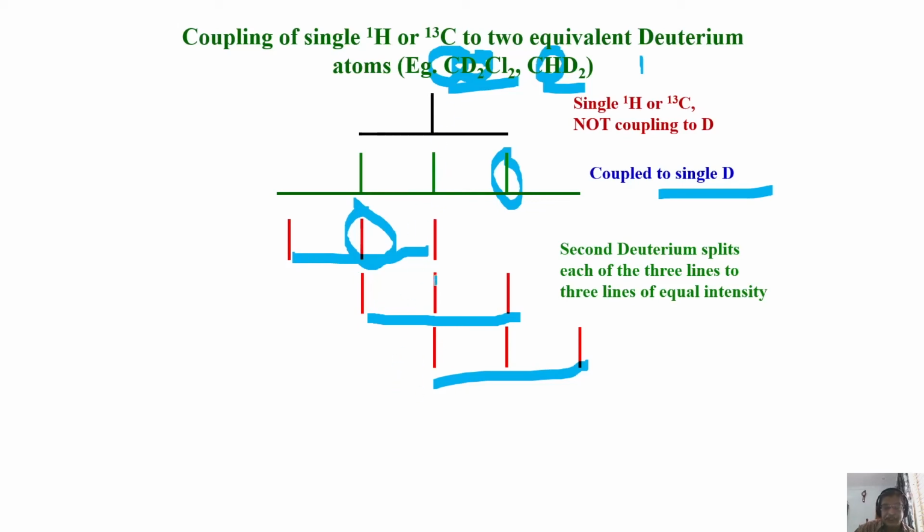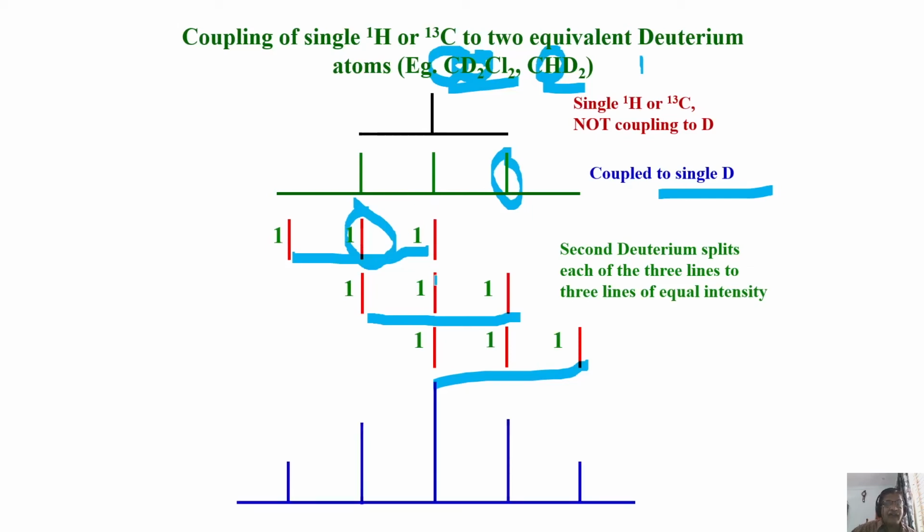Now all these intensities will overlap: 1:1:1, 1:1:1, 1:1. Finally, what do we get? 1, 2, 3, 2, 1. This is the intensity we got. Remember, when I started analyzing the spectrum of CH2D2, I showed this for you. I said two deuteriums coupled to a proton will give rise to a pentet like this, with 1, 2, 3, 2, 1 intensity. That's how we generated it.